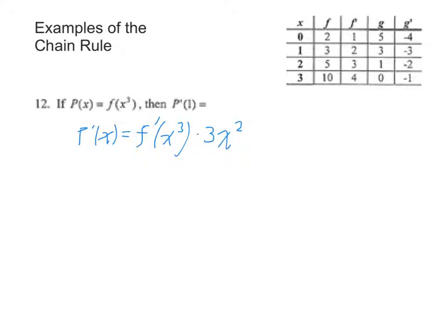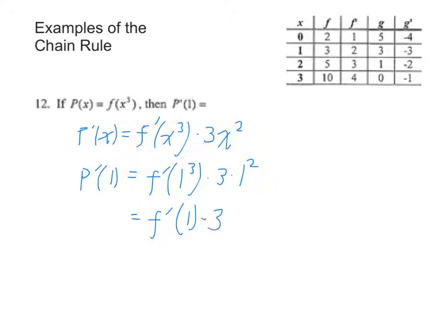Okay, I want p prime of 1. All right, so I'm really finding in the chart f prime of 1 times 3 times 1, or times 3. The chart says that f prime of 1 is 2, so this answer is 6.